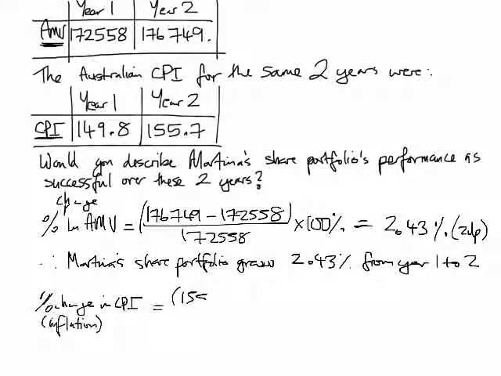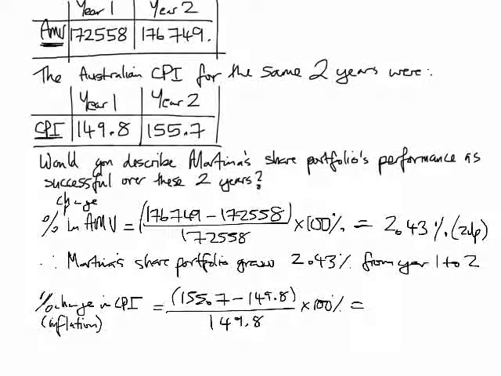New value, take old value, over old value, times by 100%. So chuck that into the calculator. 155.7, take 149.8, divided by 149.8, times that by 100%. 3.94% to 2 decimal places.